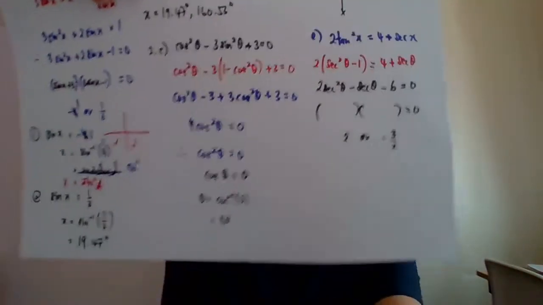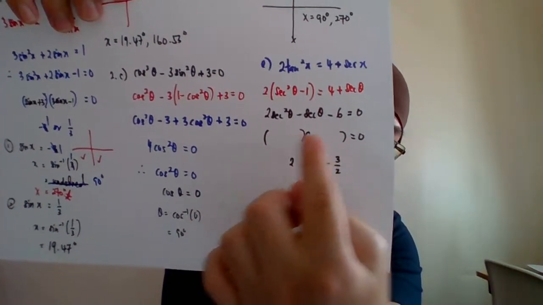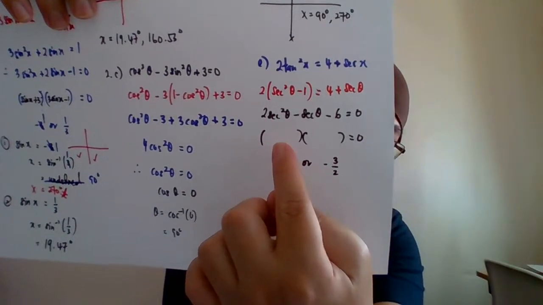Okay, so final answer 2 or negative 3 over 2. Okay, guys. So as usual, after we state the roots, don't forget to put the 2 brackets here. So inside the bracket, we are using sec theta.